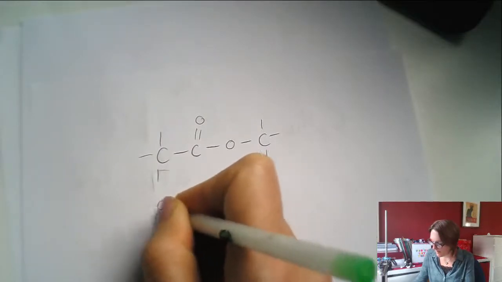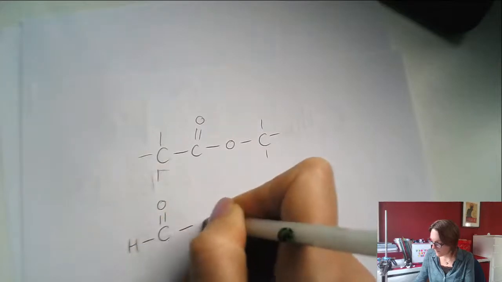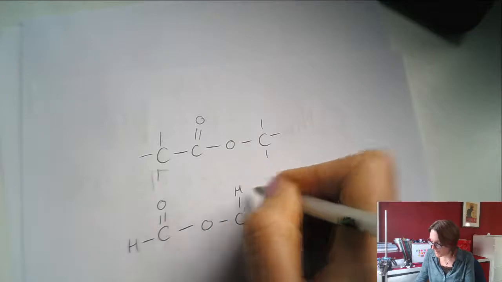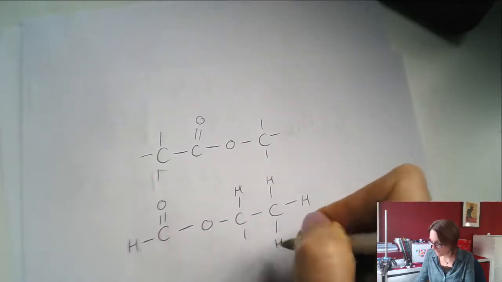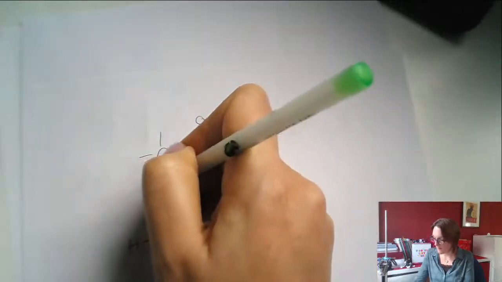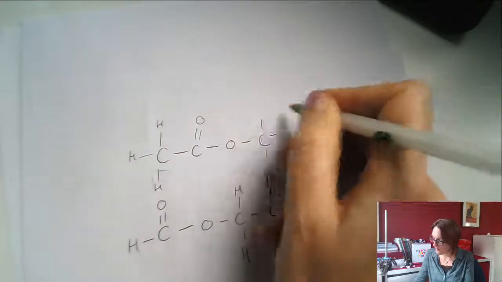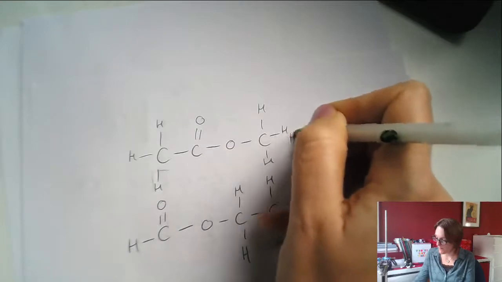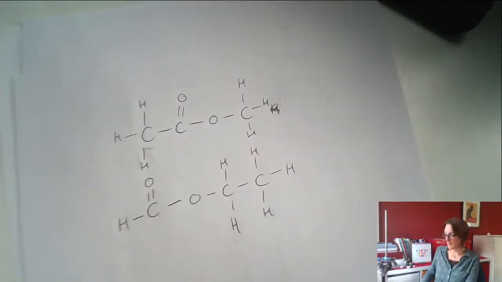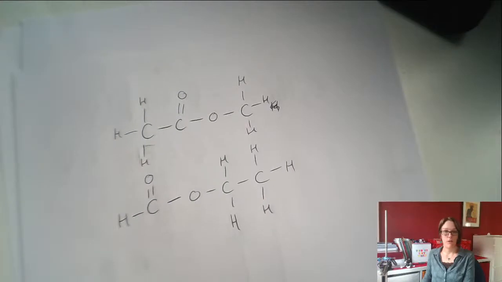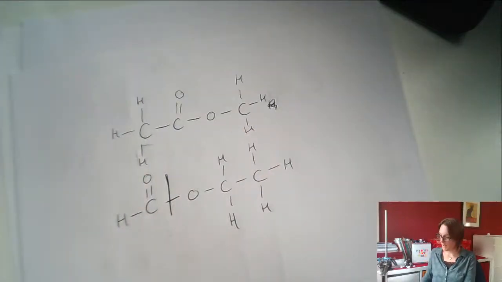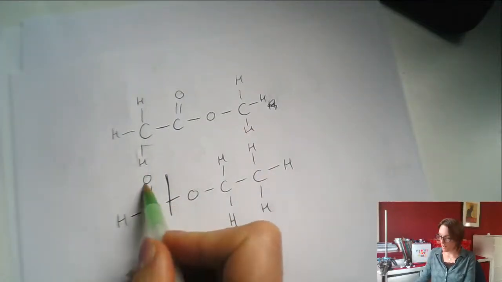So both of these are isomers of each other. They both have 6 hydrogens, 3 carbons, and 2 oxygens. But if, for example, I cut the molecule here, I can make a formula with 1C, 1O, and 1H.